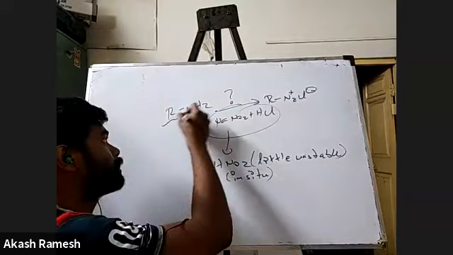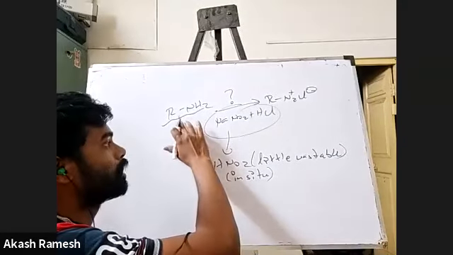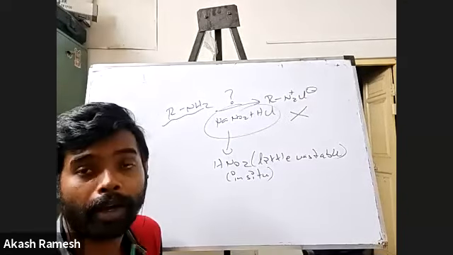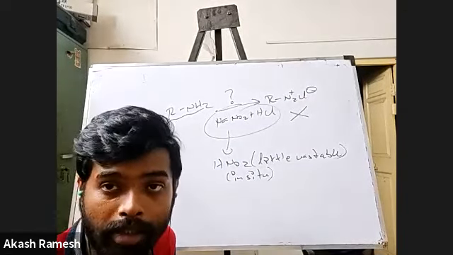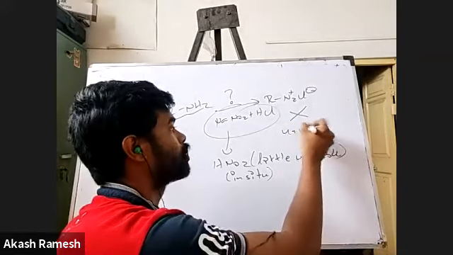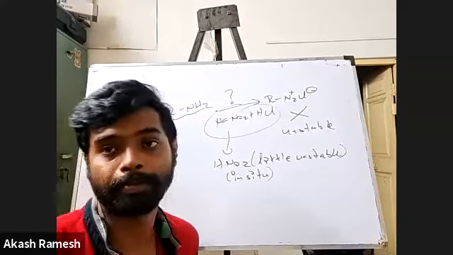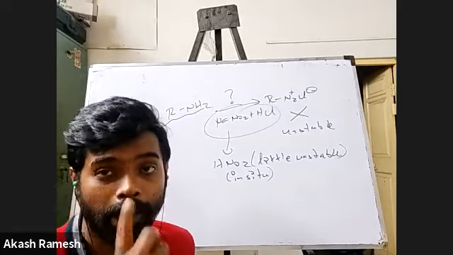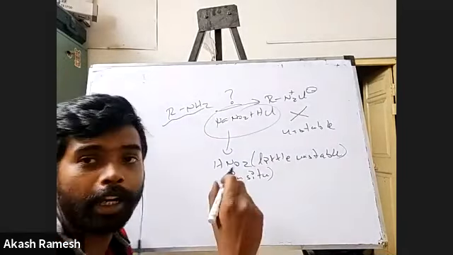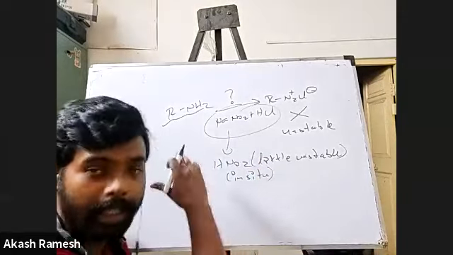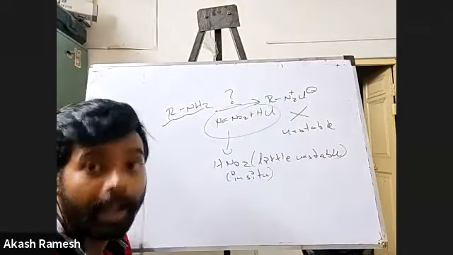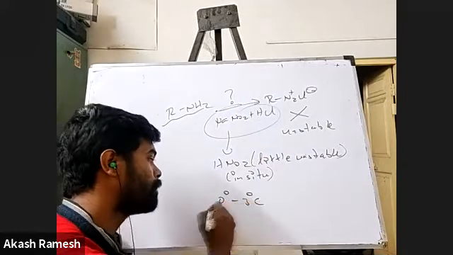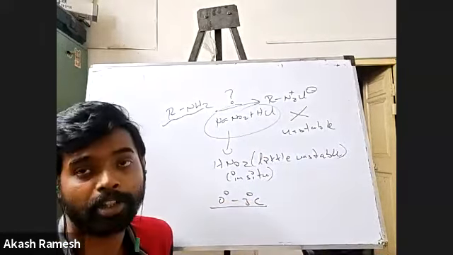So we know that aliphatic amines cannot form aliphatic diazonium salts because aliphatic diazonium salts are unstable. Even if you're going for aniline with HNO2 forming arene diazonium salt, you would have seen that the reaction happens only at this temperature, 0 to 5 degrees Celsius.